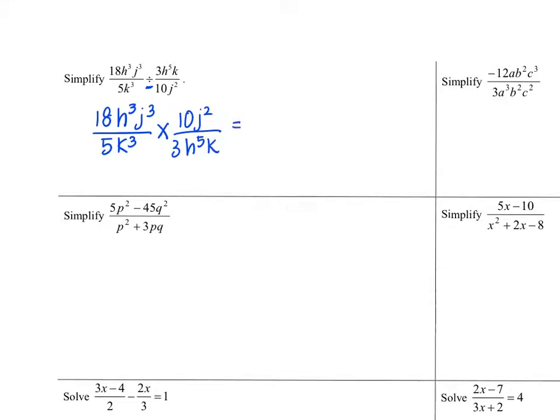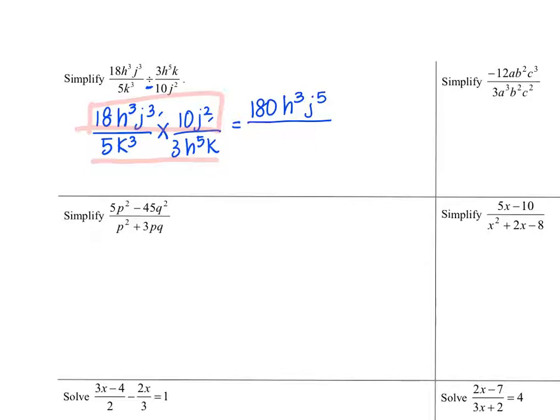I will usually multiply the numerator with the numerator, denominator with the denominator. So numerator with the numerator, that will give me 180 for the numbers first. Letters h cubed, j cubed times j squared, that's 3 and another 2, so that will be j to the power of 5. When you have indices multiplication, you add up the powers.